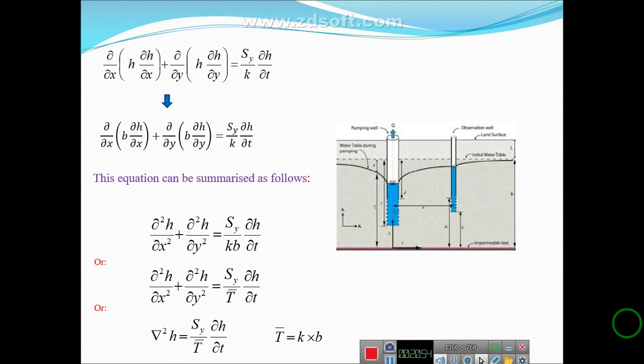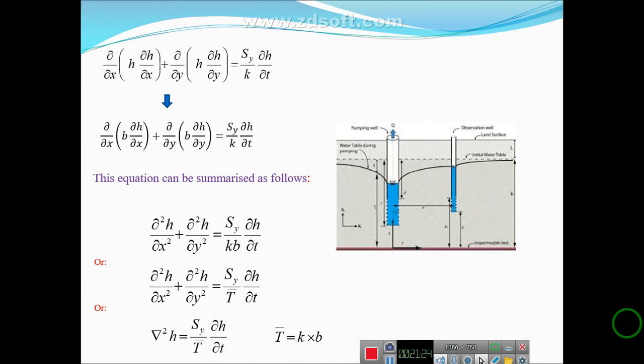If the drawdown in the aquifer is negligibly small in comparison to the initial saturated thickness, then the variable thickness h is replaced by an average thickness b, which is assumed to be constant.